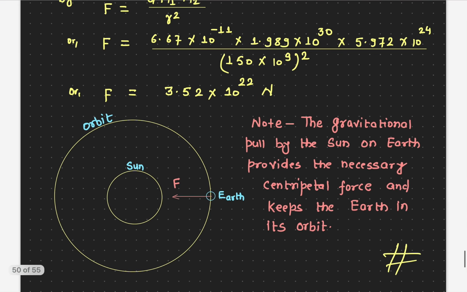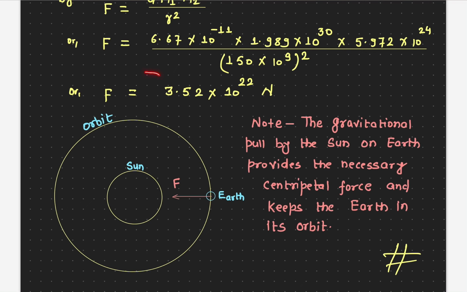Now if you draw the picture here, there is the Sun and the Earth. The Earth is orbiting around the Sun all the time, and it takes 365 days for the Earth to complete one orbit around the Sun. There must be some force for the Earth to move around the Sun, and that force we call the centripetal force.